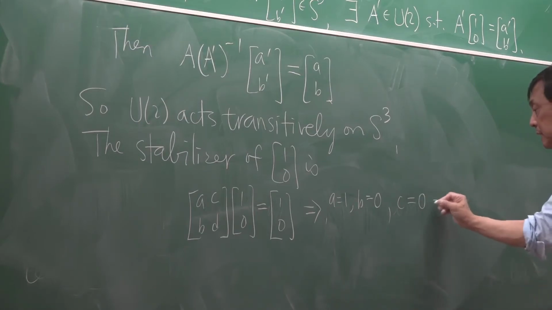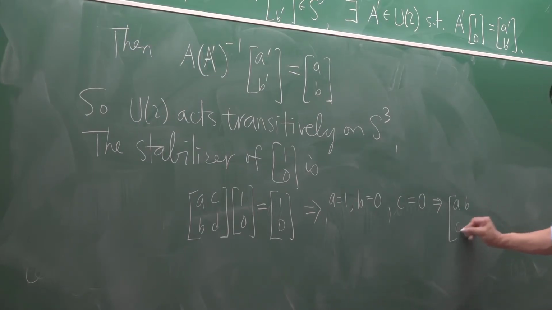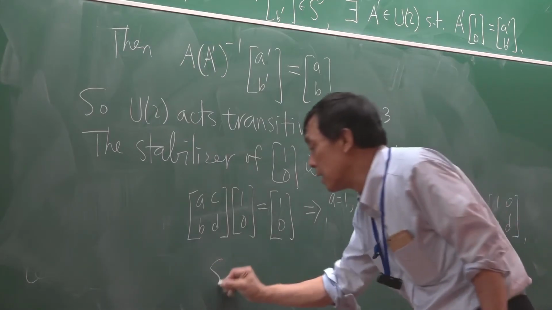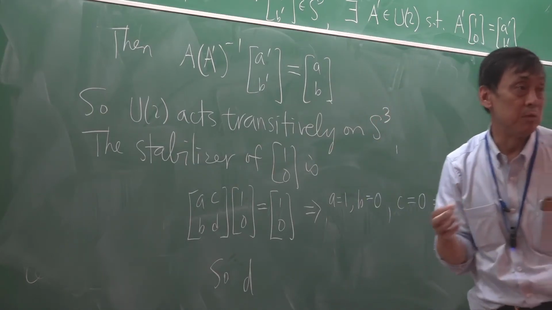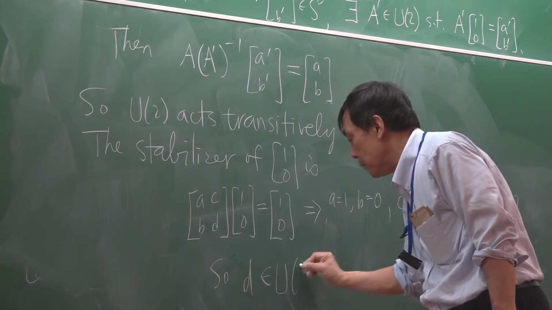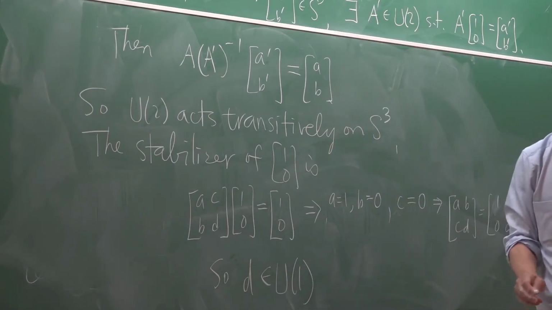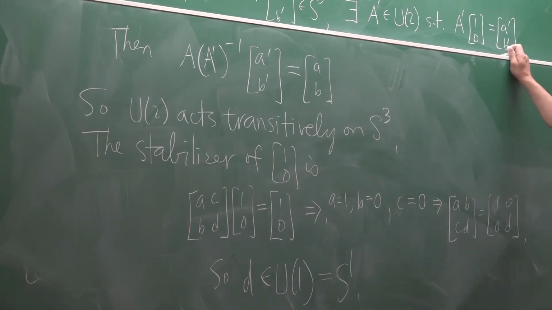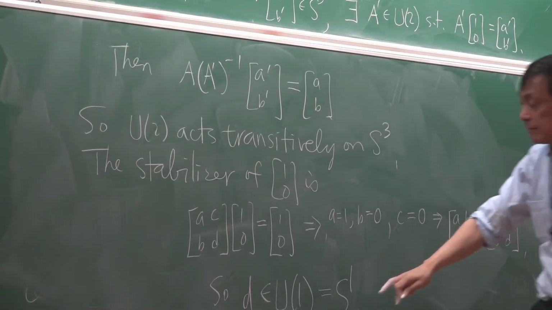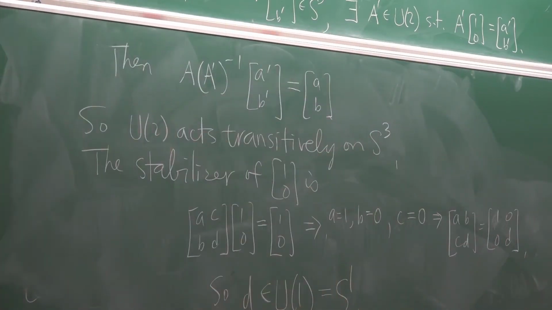Okay? And that means the matrix has the form (1, 0), (0, d). And this has to be a unitary matrix, so d has to be a complex number of unit length, so it's in U1. Okay? And U1 is the same as S1. Yeah, so that's the stabilizer of a point.